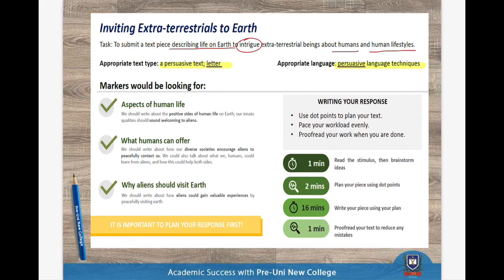So, breaking this specific question down, what will markers be looking for? We have 3 main parts. We've got aspects of human life, what humans can offer, and why aliens should visit Earth. So we broke this question down into 3 parts, and I think this is a very good way to understand the question first.